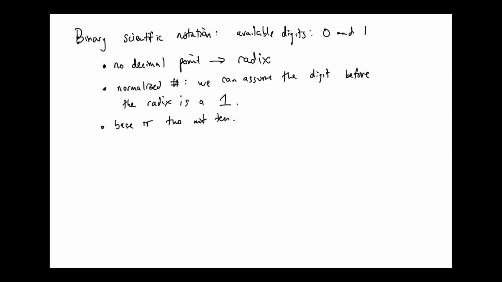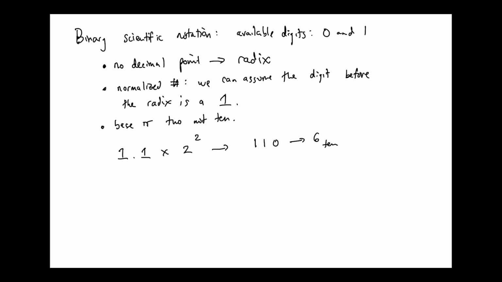All right, so if I were to write, for example, 1.1 times 2 to the first, well, okay, maybe that's a bad example. Let me do say 2 to the second. Then what is this number? This would be 110, which means 6.